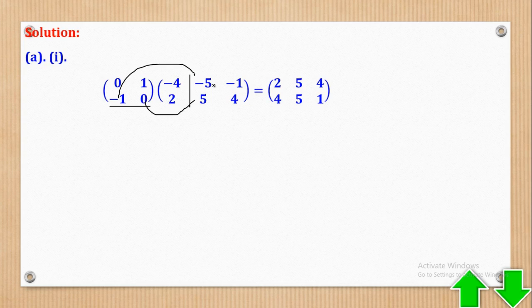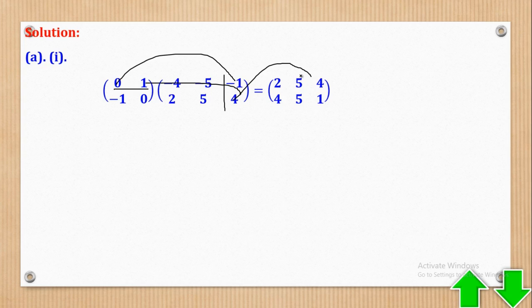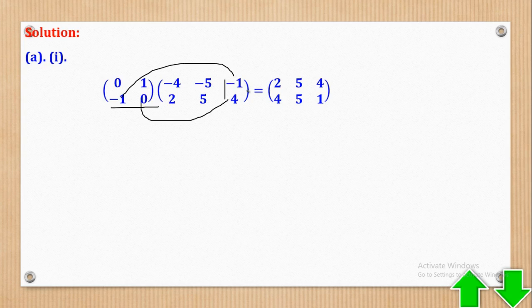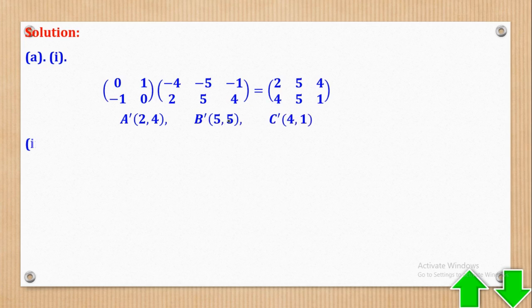So positive 5 plus 0 is positive 5. Then this with this is 0, and this with this is 4. So 0 plus 4 is 4. Then this with this is positive 1, and this is 0. So positive 1 plus 0 is positive 1. So these are the coordinates for A prime, B prime, and C prime. Therefore, you shall state that A prime is (2, 4), B prime is (5, 5), and C prime is (4, 1). Now we shall go to Roman 2.